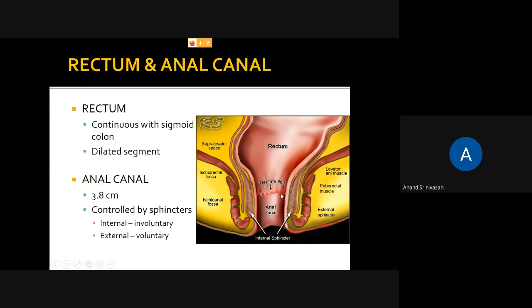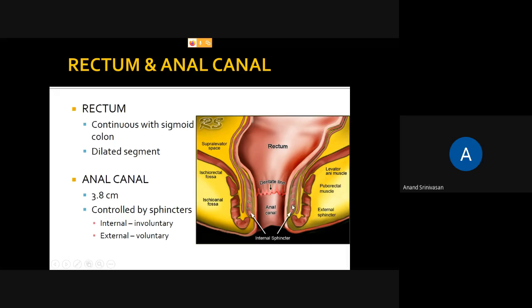The stool passes through the anal canal. The anal canal is approximately 4 centimeters, that is 3.8 centimeters, and is controlled by two muscles, an internal sphincter and an external sphincter.